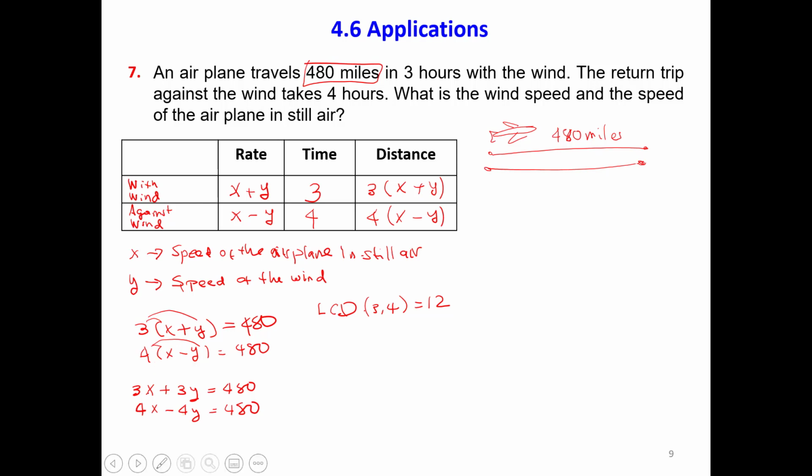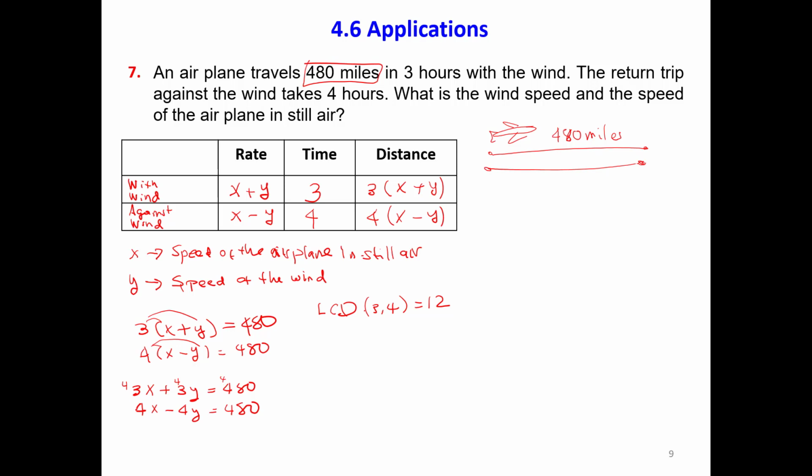To get 12, we need to multiply the first equation by 4, each term.